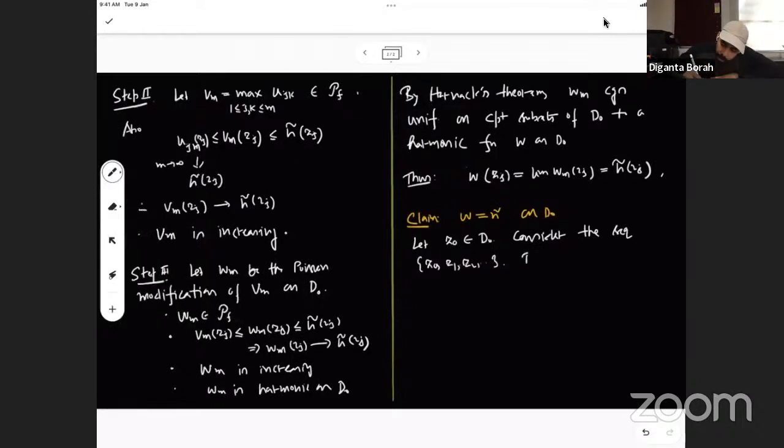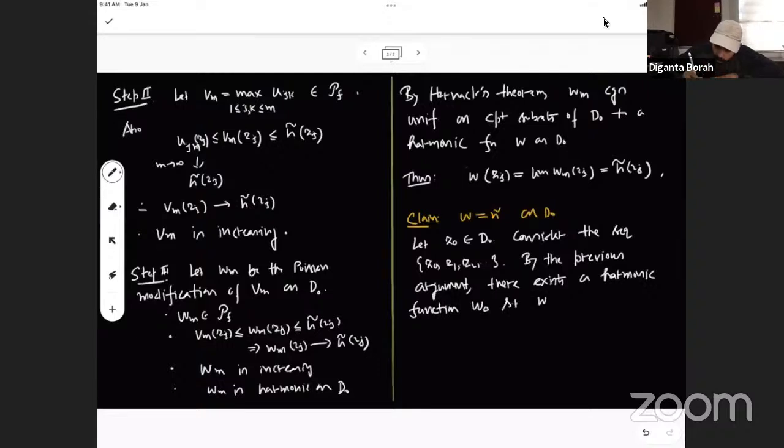So by the previous argument, there exists a harmonic function, maybe we should call it W naught, such that it agrees with S tilde along the sequence Z_k, but now k is greater or equal to 0. Z0, Z1 and everything. So I have some additional point here.